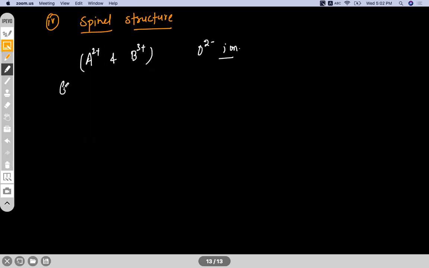The general formula for this type of structure is AB2O4 type.